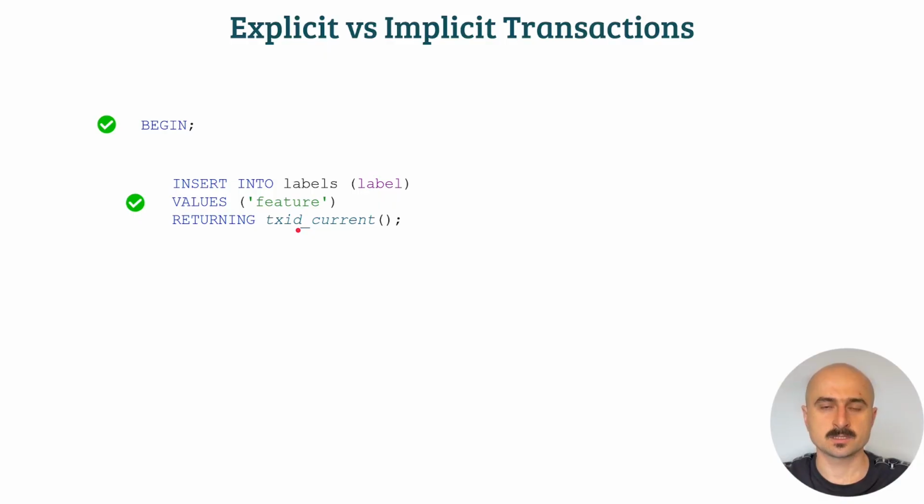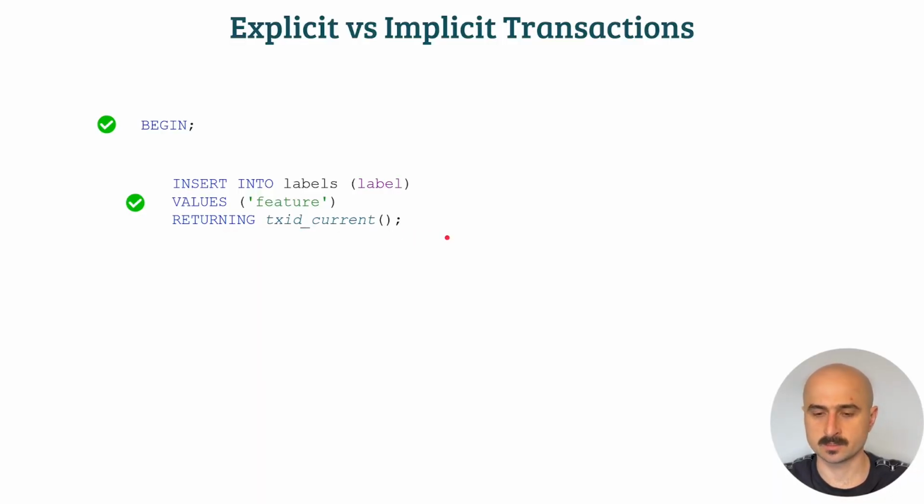And what this function does, it's a special function which gives you back the ID of currently running transaction. So don't get confused with the name. TX stands for transaction and ID current, well, current ID. So to recap, this insert statement inserts a new row in a labels table with a value of feature, and in the same statement returns back currently running transaction ID.